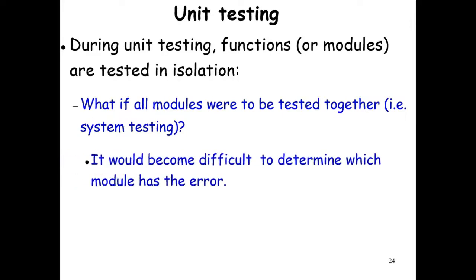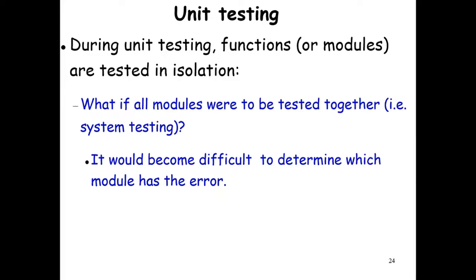This is one of the questions: what if all modules were to be tested together? That is system testing. It would become difficult to determine which module has the error. So if we don't carry out unit testing, what can be the possible issue a developer may face?